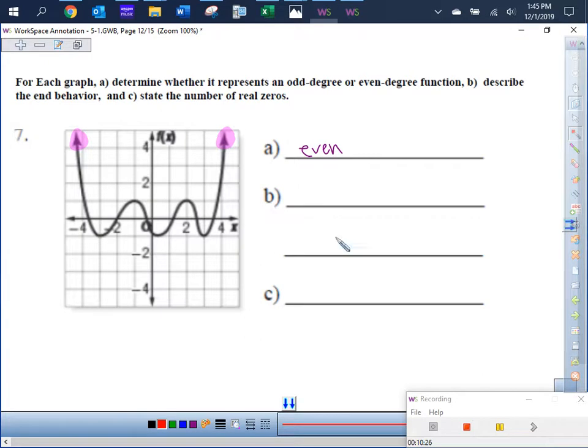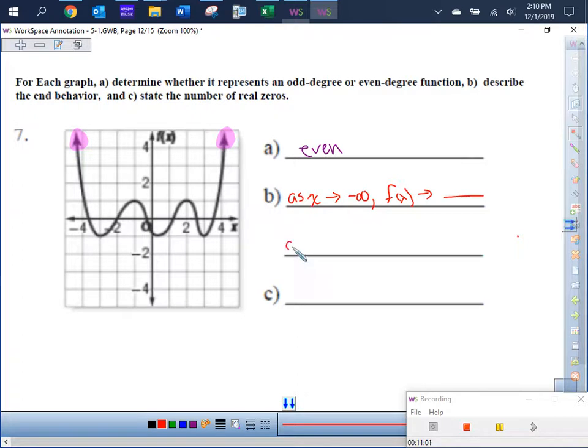But this part B, this is the funny part. Describe the end behavior. Sorry, I got interrupted there. So anyway, to do this end behavior, that's the weird part at first. All of these, once we get done with all four of them, it'll make a lot more sense, but here's how we'll start. As x approaches negative infinity, comma, f of x, that's the y value, approaches blank.